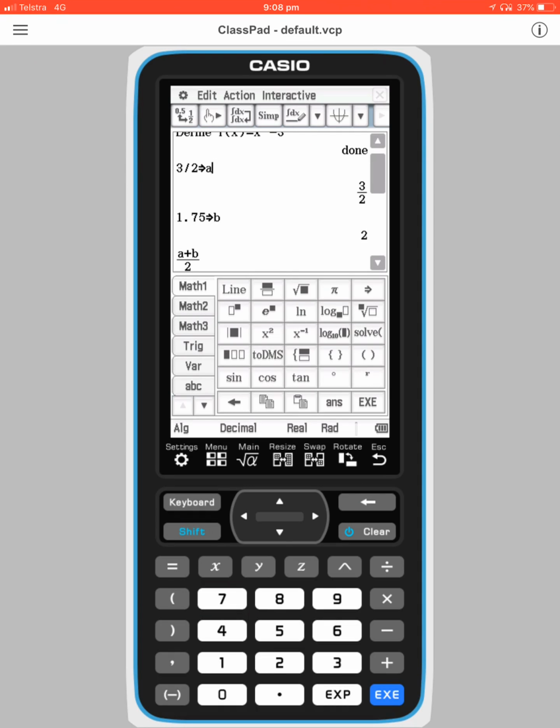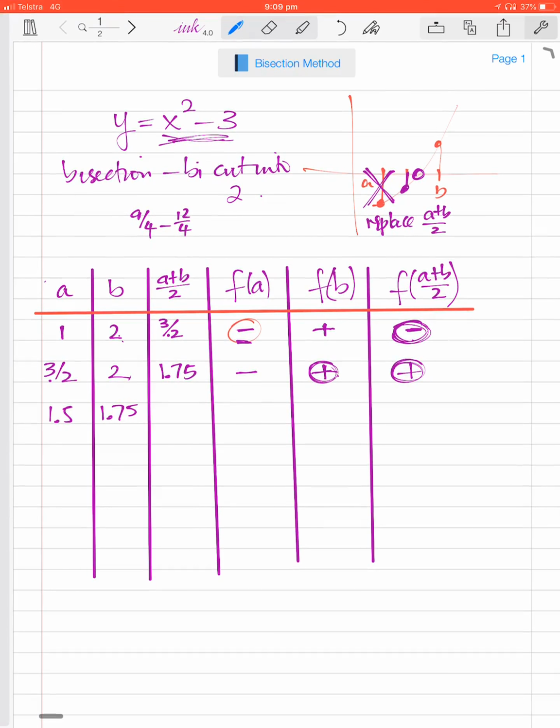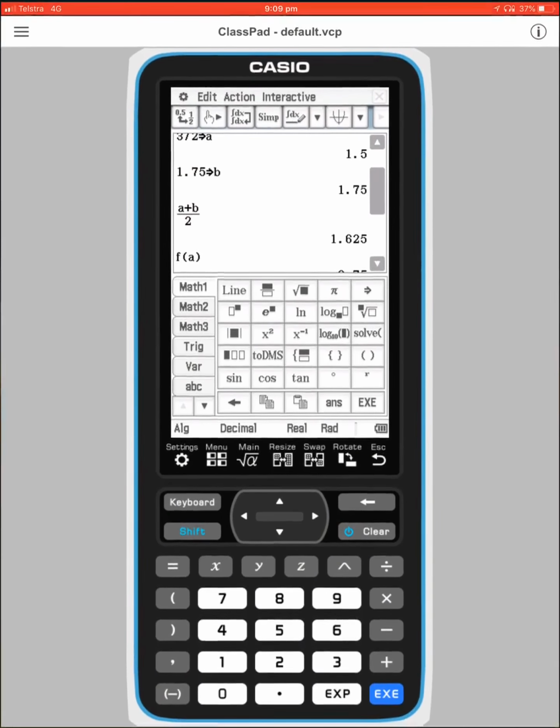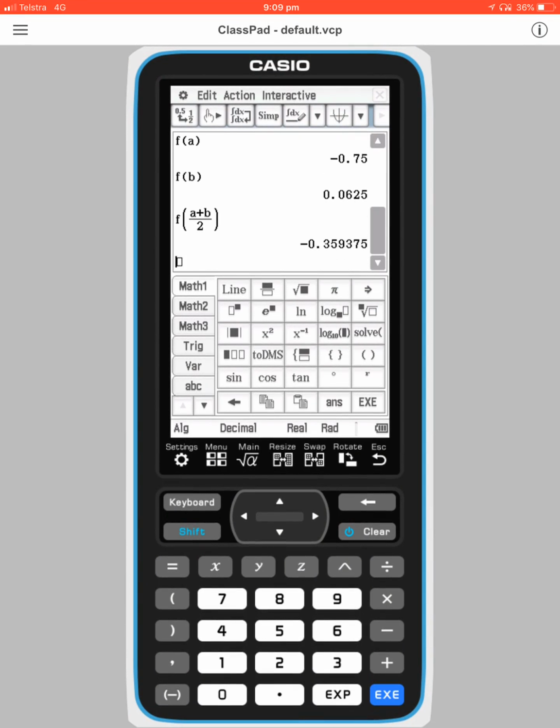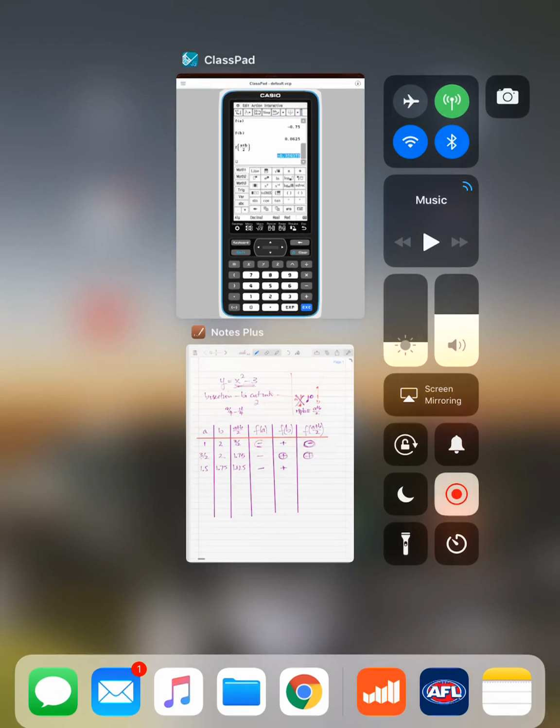So I change it to 1.75, go up to the top, hit enter again. Okay, A is 1.5, B is 1.75, A plus B on 2 is 1.625. F of A we know is negative, f of B we know is positive, and f of A plus B on 2, if we go down, we get negative.